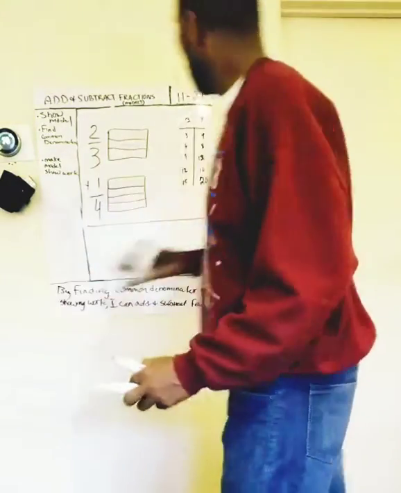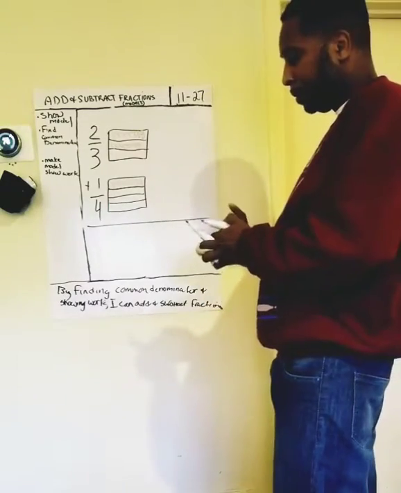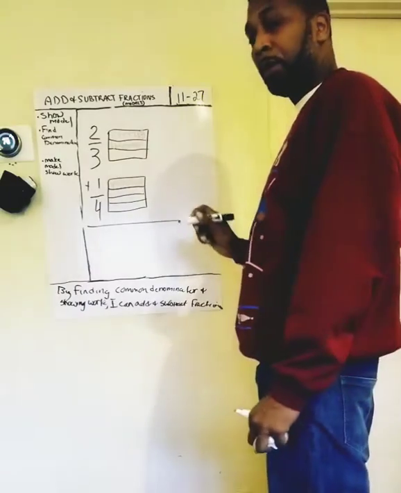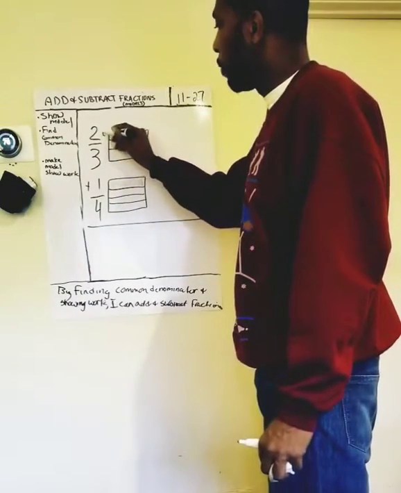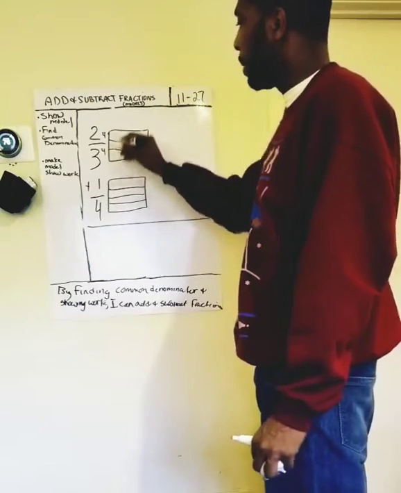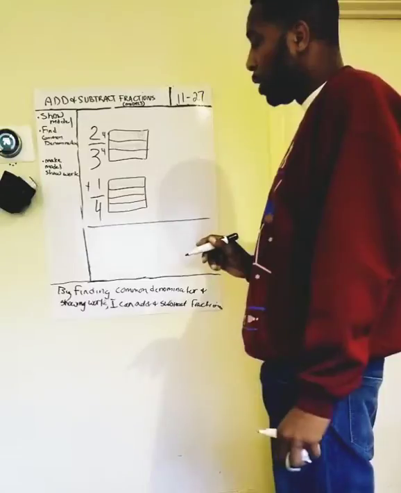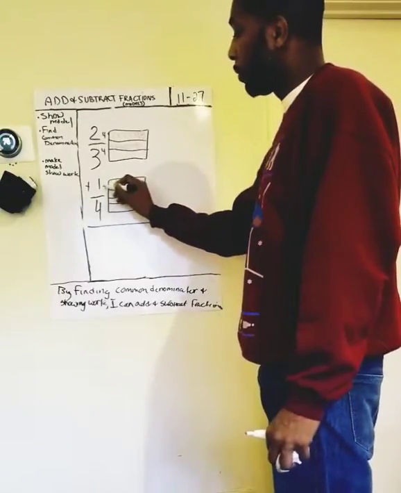All right, so I'm going to erase that right there. So 3 times what gives me 12? Okay? I know 3 times 4 gives me 12. So multiply top and bottom by 4. 4 times what gives me 12? 3. We know 3 times 4 gives me 12.